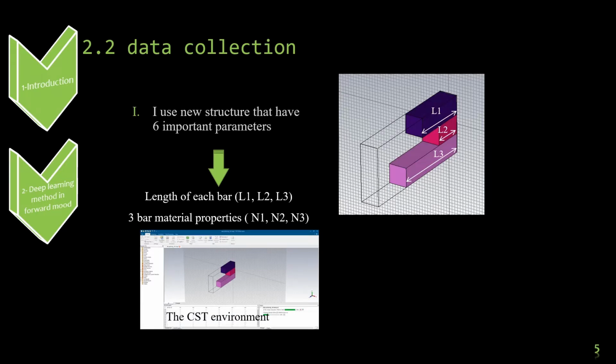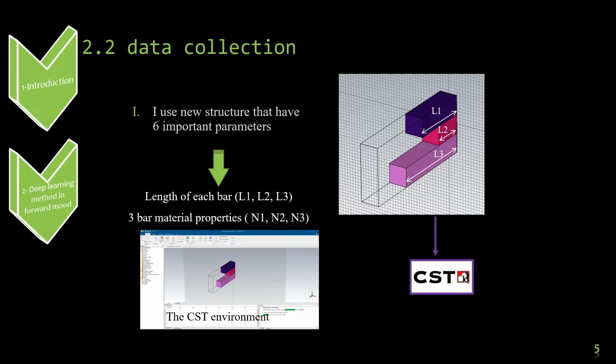So in this project, I created just a simple structure made from 3 bars with different lengths, and each bar has different material properties. So we have 6 important parameters for designing this structure.